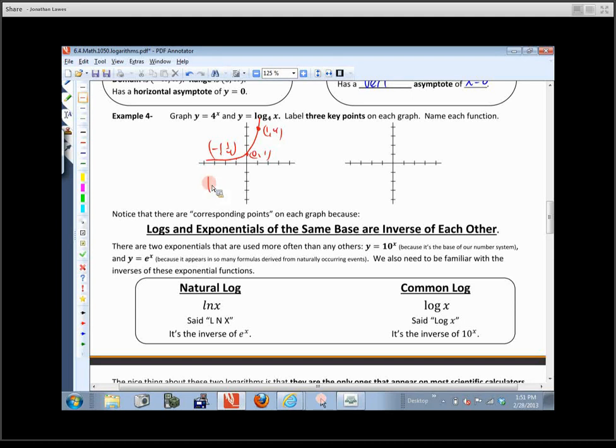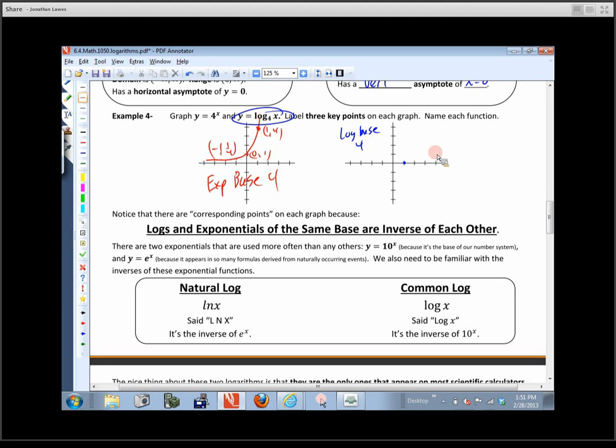This is exponential base 4. That's the name. If I graph this one, what's its name? Log base 4. And what points does it go through? Okay, so it goes through (1, 0).